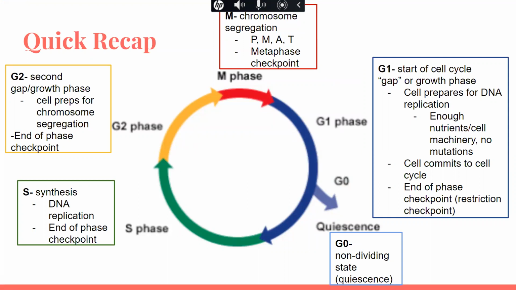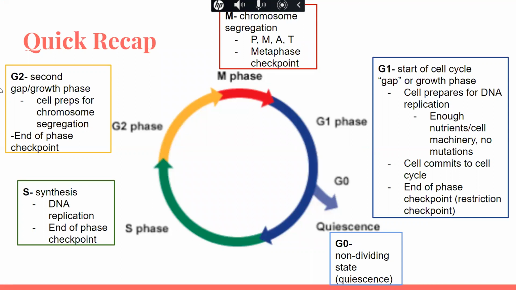You have the phases of the cell cycle. You guys should know what occurs in each phase of the cell cycle, and what the cell needs to do before it moves on. So for G1, you need enough nutrients and machinery in order to get to S phase, and you also want the restriction checkpoint. That's that all or nothing checkpoint that we talked about. If you don't pass that checkpoint, then you won't go into S phase.